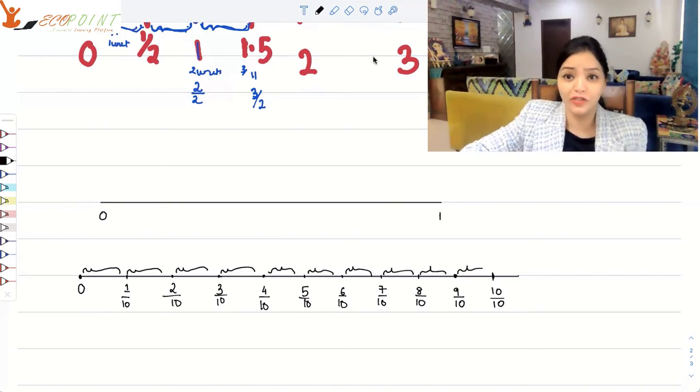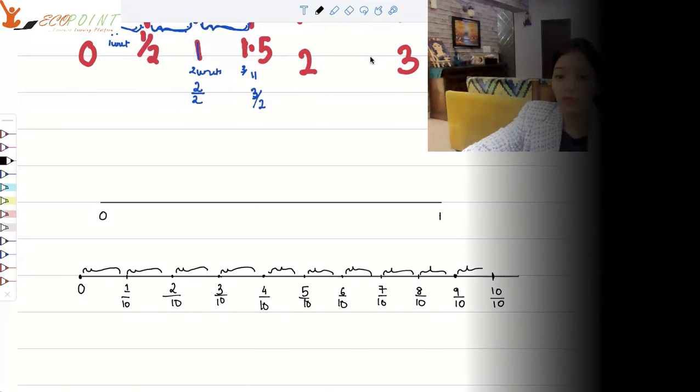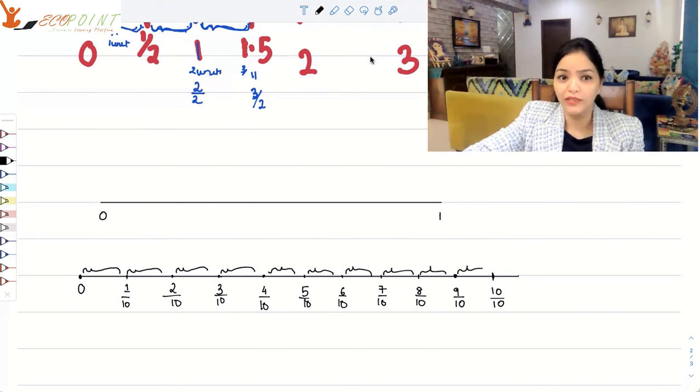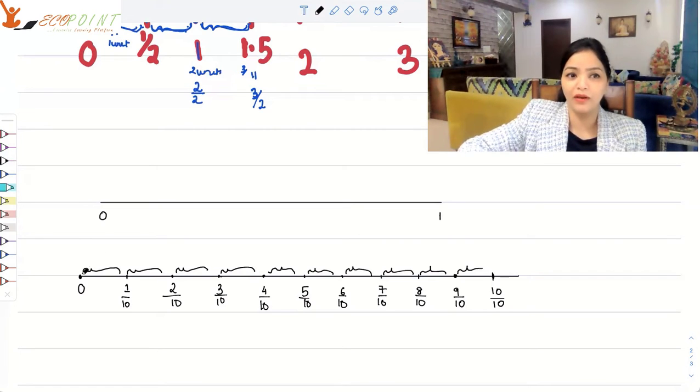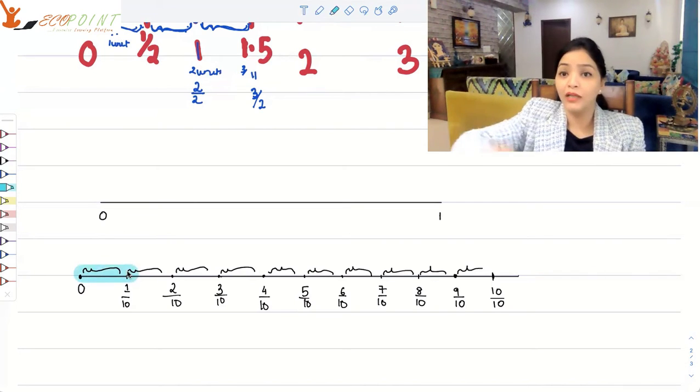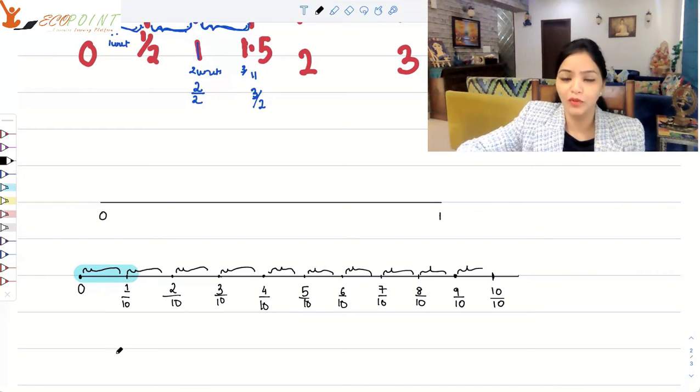It's really interesting how you can see there are infinite rationals in between just two whole numbers 0 and 1. I've just mentioned 10 parts right now, but we can pick every part and cut it into another 10 parts and get further smaller ratios, further smaller decimals. So what I have here is 0.1, 0.2, 0.3, 0.4, so on and so forth.